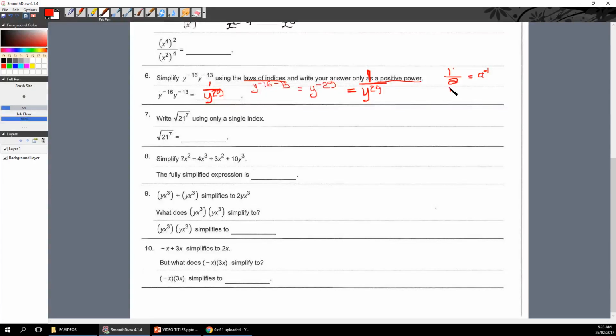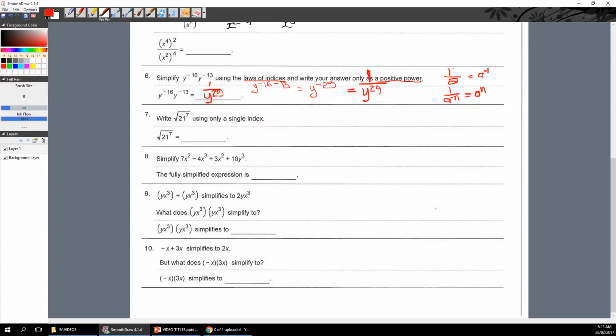And 1 over A to the negative n, where n is any integer, we usually use n to indicate an integer like 1, 2, 3, 4, it can be any number really, equals A to the n, like that. So there you go, that's that one done.